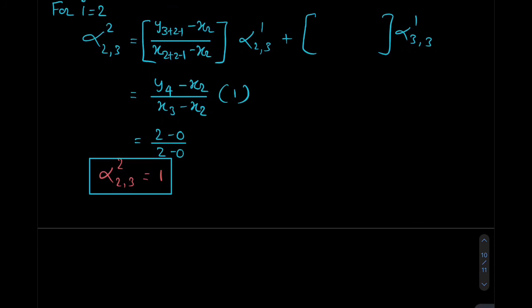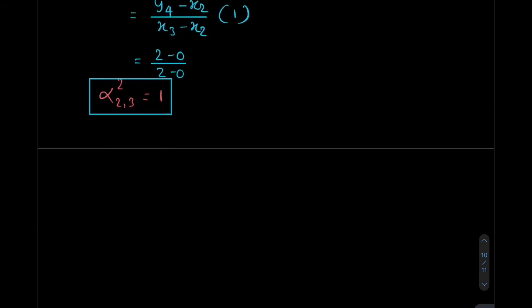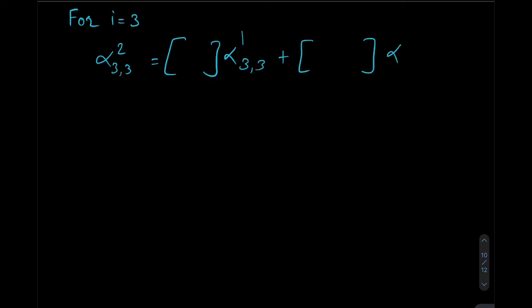Okay, now let us increment the i value again. For i equal to 3 now, alpha 3 comma 3, some bracket multiplied by alpha 3 3 and 4 3. We know that these terms are going to be 0, so straight away this answer is 0.